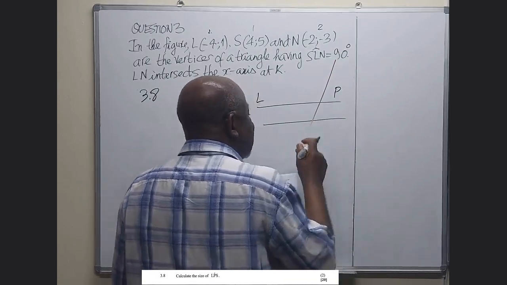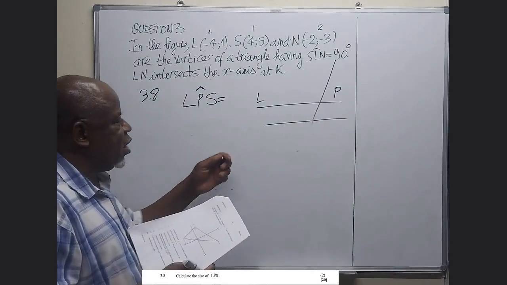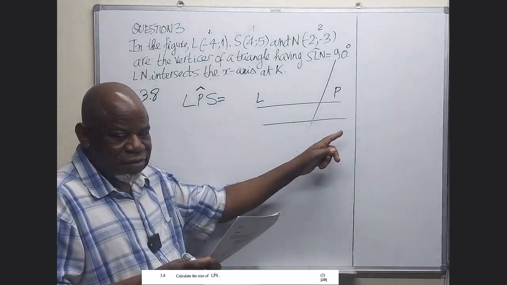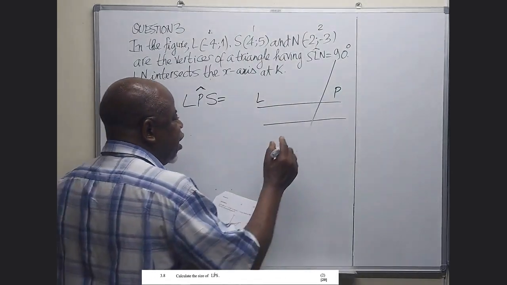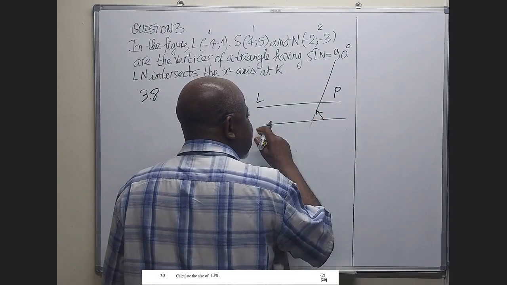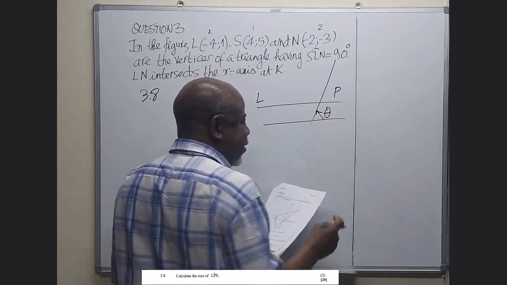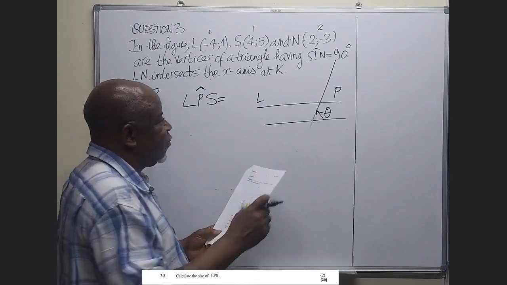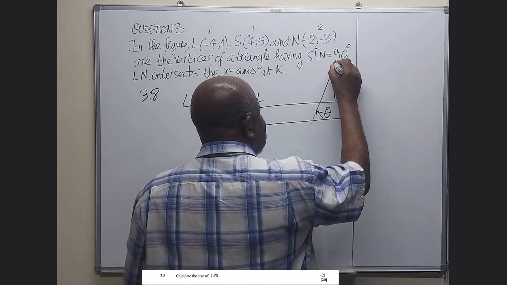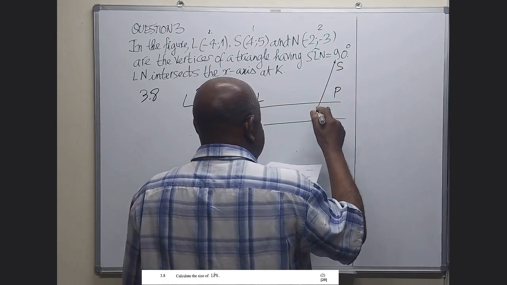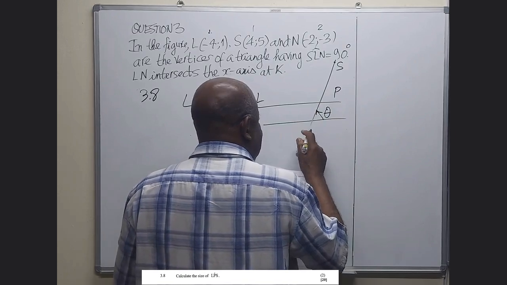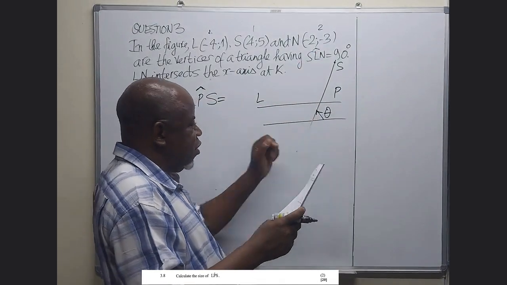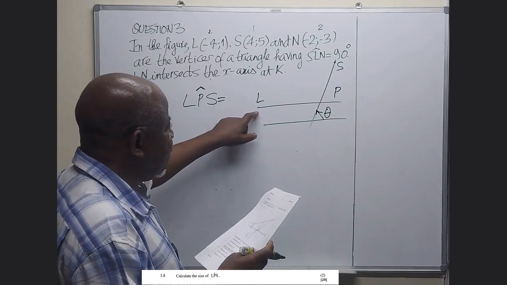This line here is called a transversal, which is cutting the two parallel lines, line LP and the x-axis. So we know that this angle here, this being the x-axis, was angle theta. Now, point S is up there. Let's say here is our point S, and point N is down here. When you watch your graph of the triangle, S is up and N is down. The point L is here.